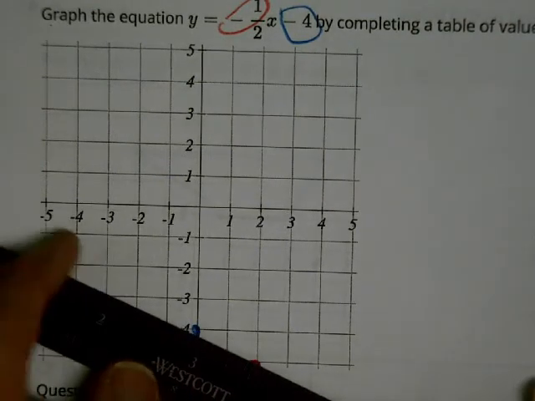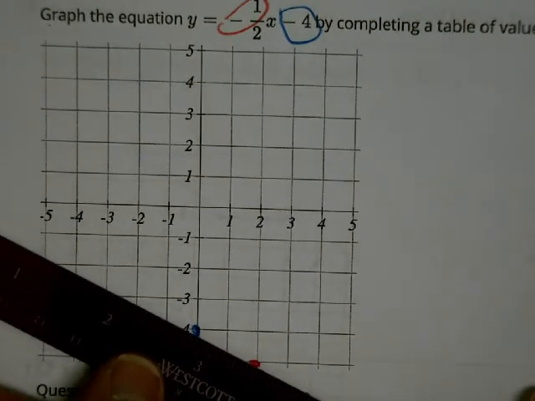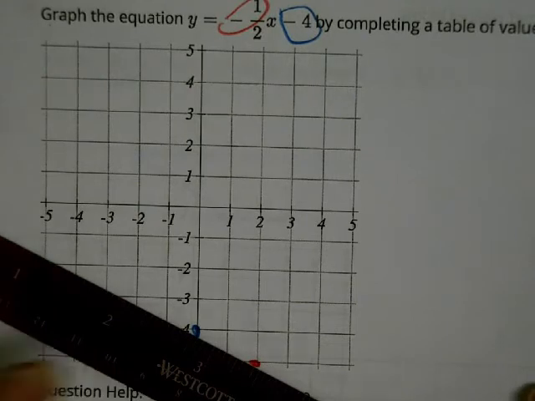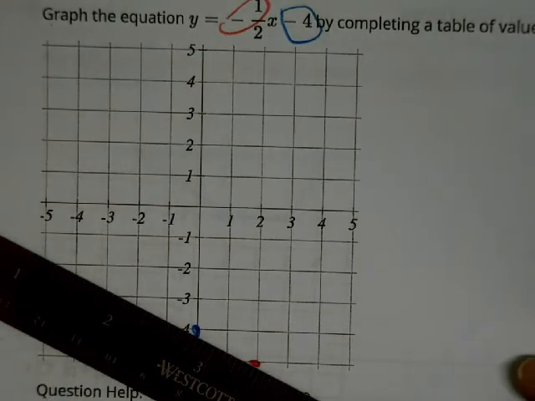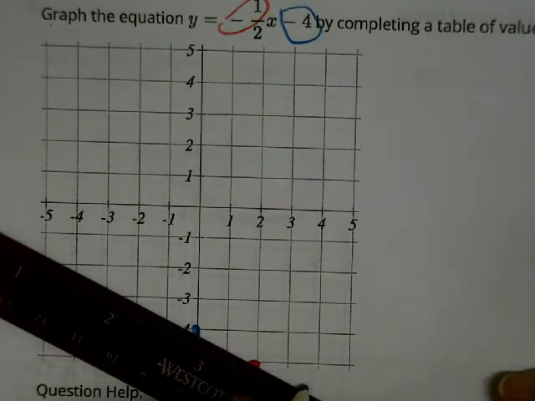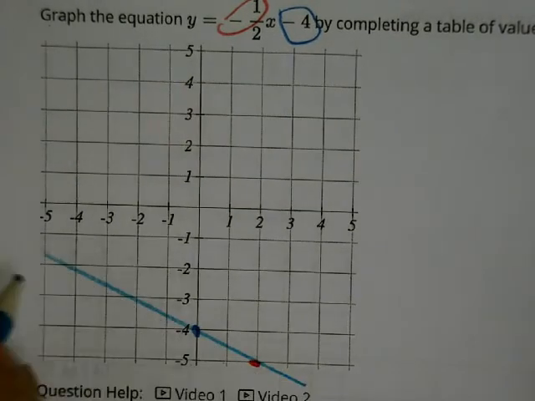Then you've got the line, so you don't have to make tables. Tables are a strategy, but for me, they're not that effective. So when I check your work, I will be looking for at least 2 points that are on the line. I know it's hard to get a perfect line, but do the best you can.